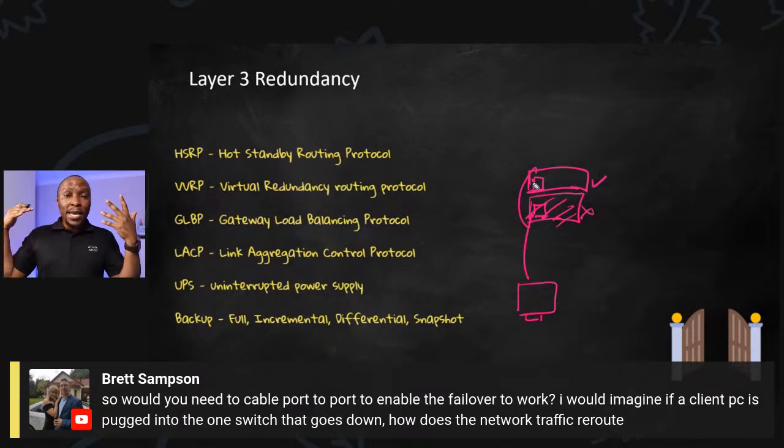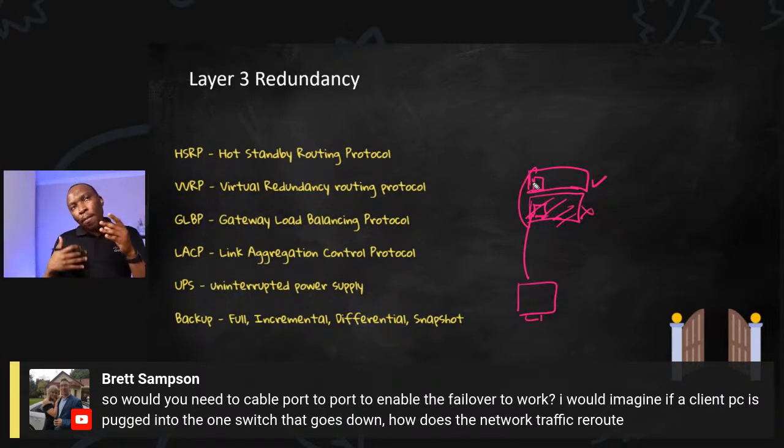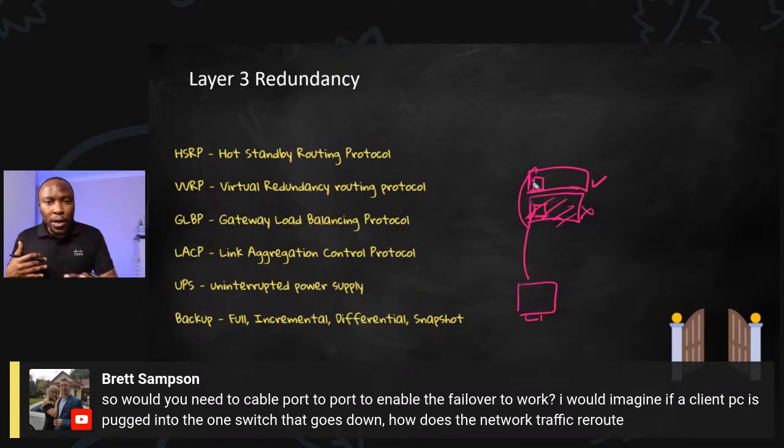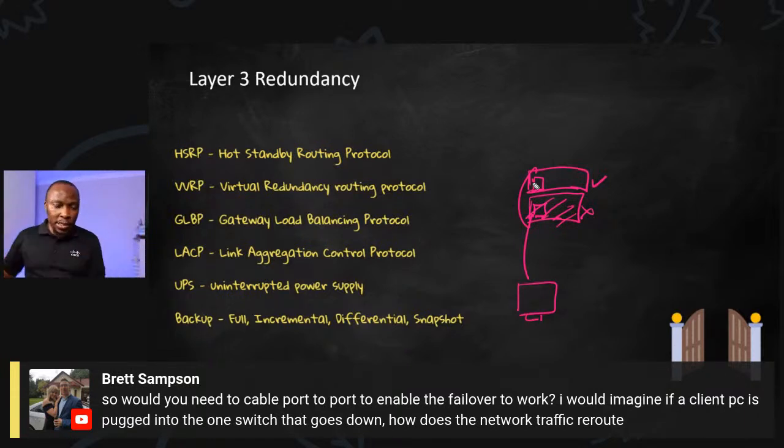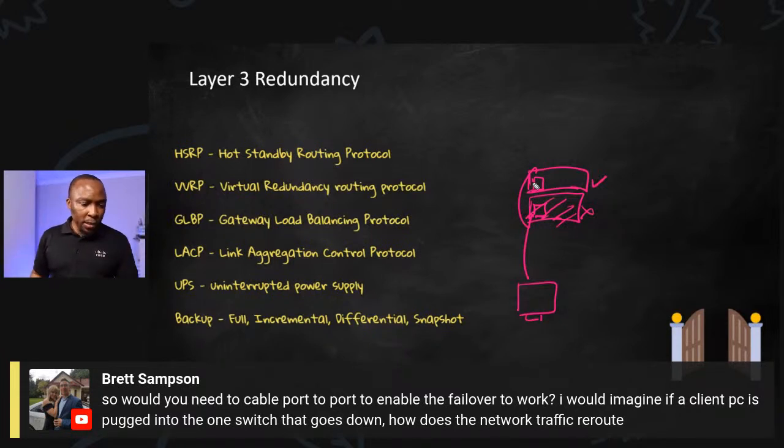It might take longer, but with the stack, it can be quicker. So what you're aiming for with redundancy is the quickest way to restore services in the event of an outage. And this is what StackWise and other technologies will help you to do. So yes, you're correct.